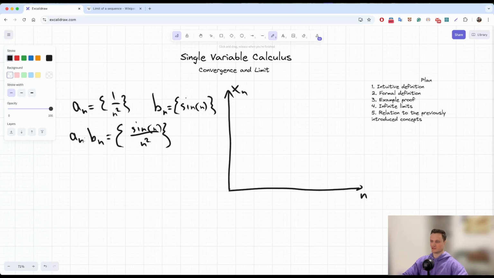During the previous lecture we proved that this should be an infinitely small sequence. This one is bounded, it is between minus 1 and 1, and 1 divided by n squared is infinitely small. So according to the property from the previous lecture, their limit will be 0, and it's clear that we have a limit of 0, so their product is also an infinitely small sequence.